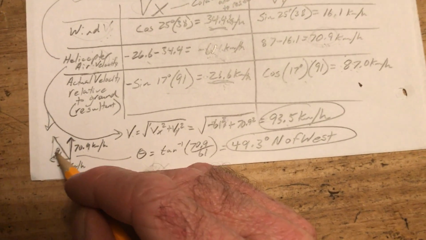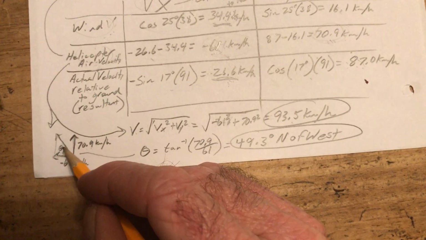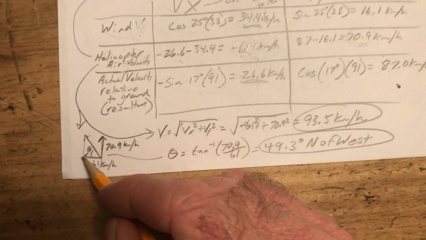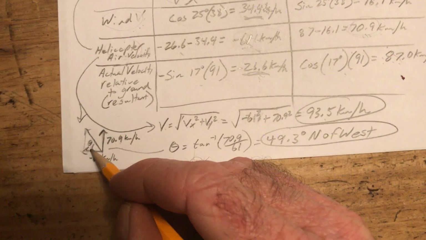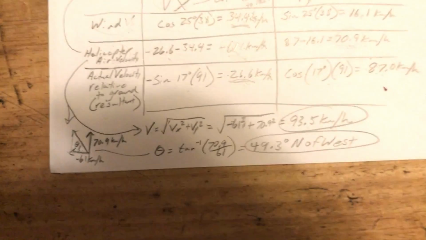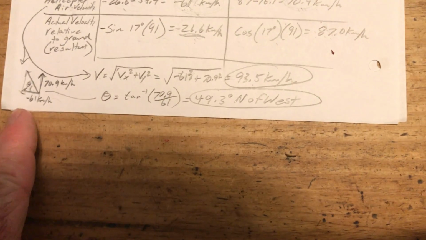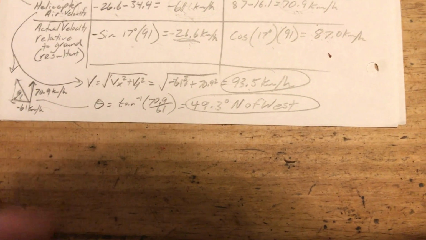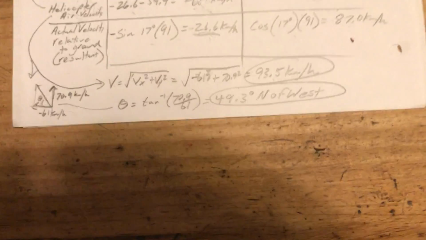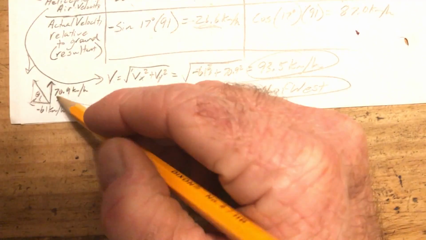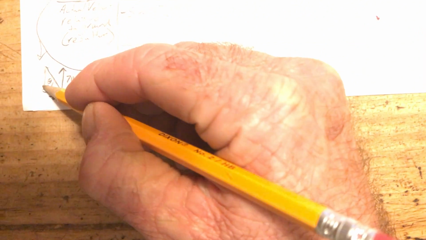So I know this angle theta is going to be some angle above westward. If this is westward, then this angle is going to tell me how high above due west I am. And that angle, I can use tangent to come up with it. This vector I could also move over here.